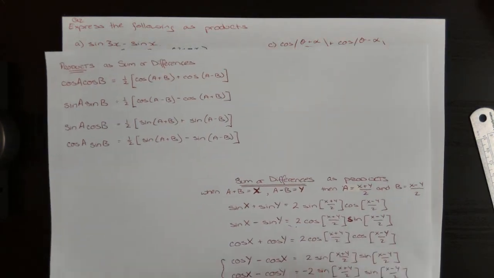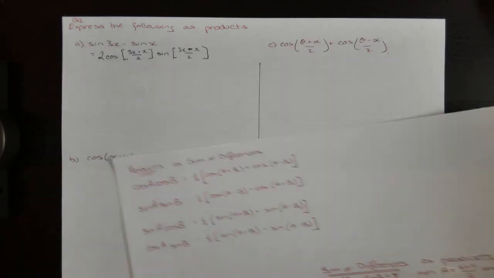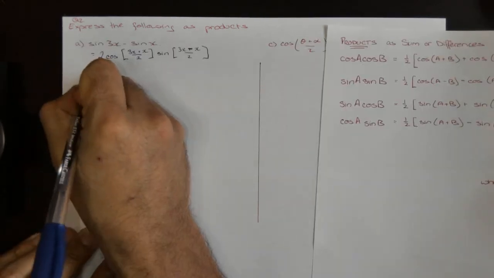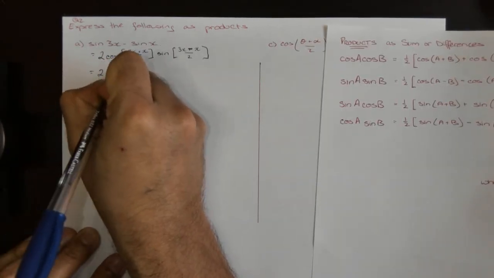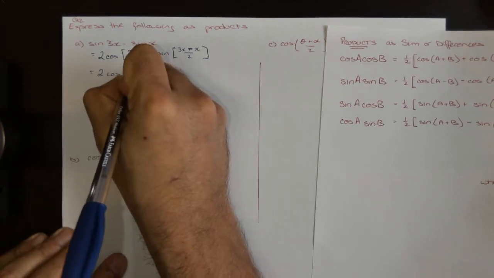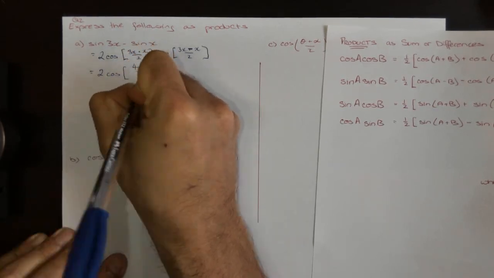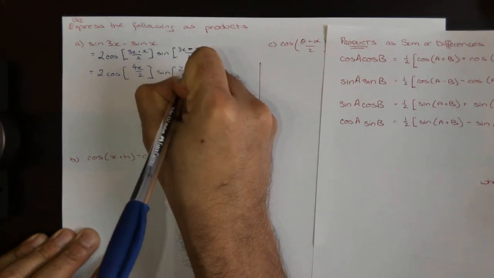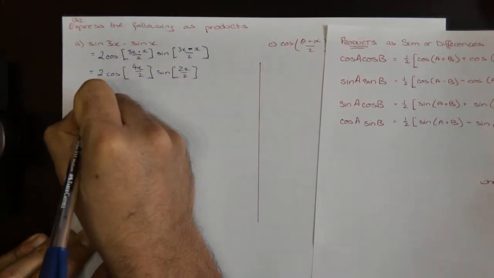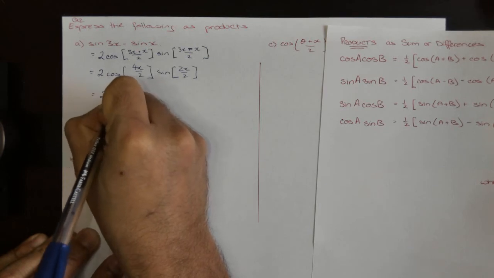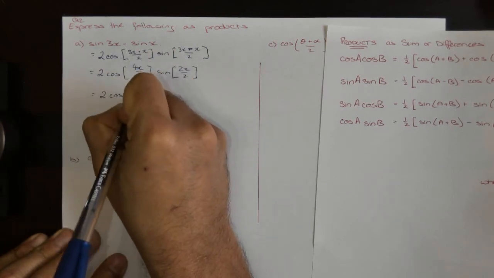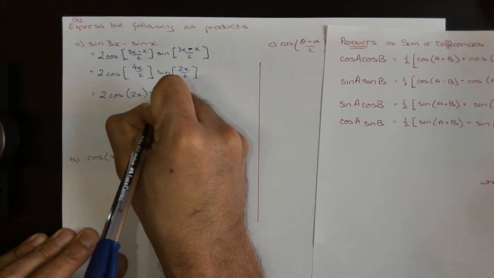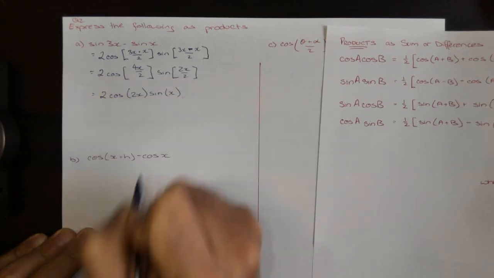Okay, using this identity here. So 3x plus x is 4x over 2. That's going to be 2x over 2. Simplify the fractions, we get cos of 2x and sine of x.